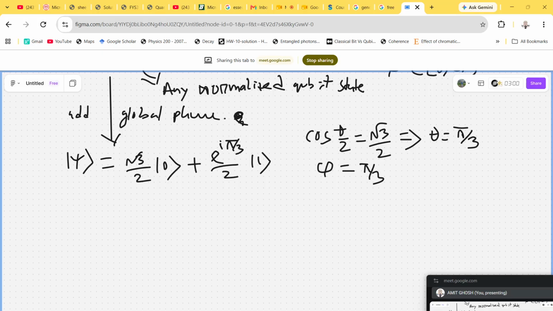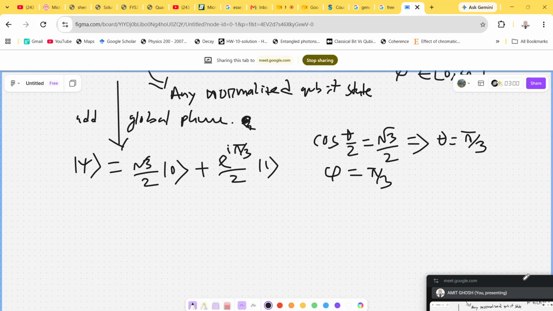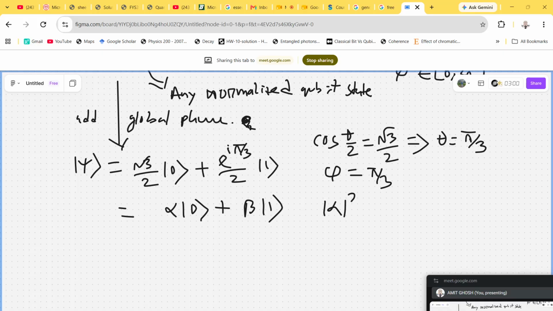And you can write this state like this, right? Some alpha |0> plus beta |1>, where mod alpha squared plus mod beta squared equals 1. If you compare, you can say that mod of alpha equals cos theta by 2 and mod of beta equals sin theta by 2.